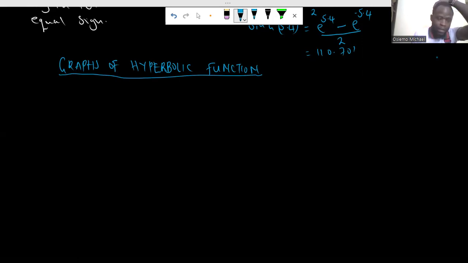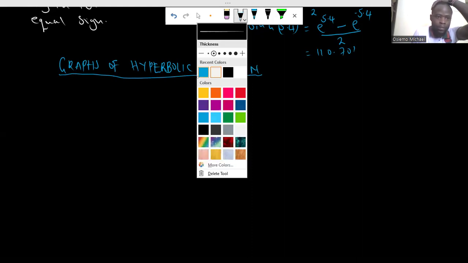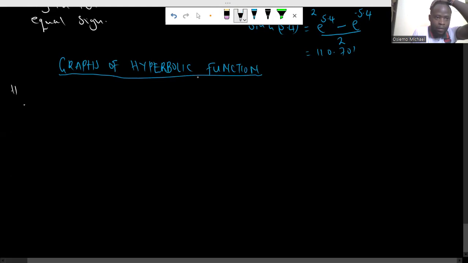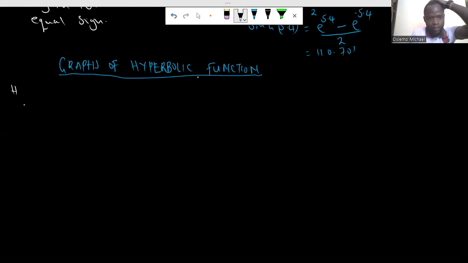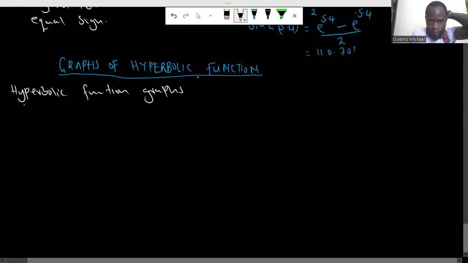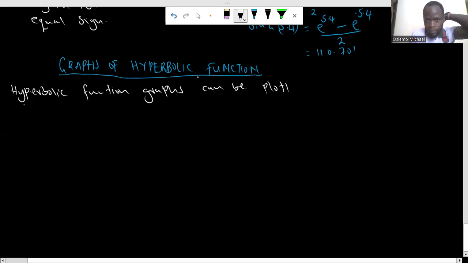Let me just put down the note. Hyperbolic function graphs can be plotted using the calculator.